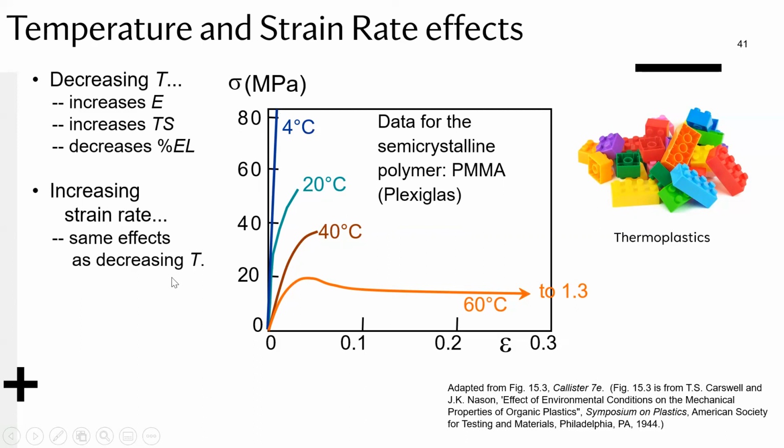Another factor influencing the behavior of the material is the strain rate. How fast you apply this deformation, or this elongation in this case, is really important. As you increase the strain rate, you actually have the same effects as if you were decreasing the temperature, so it becomes more brittle.